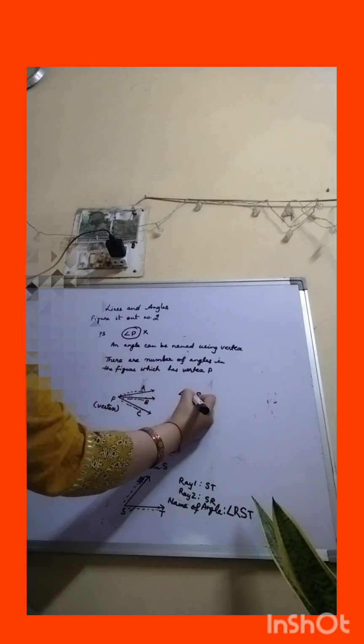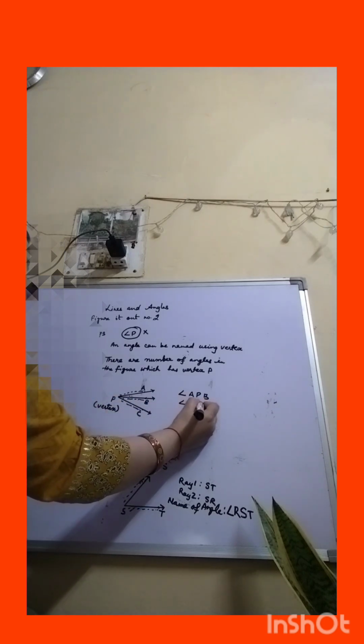So if only one angle is formed using a vertex, you can call it as angle P. But here, what are the different angles that I can have? P is the vertex. I would take the first two rays. So it would be APB.